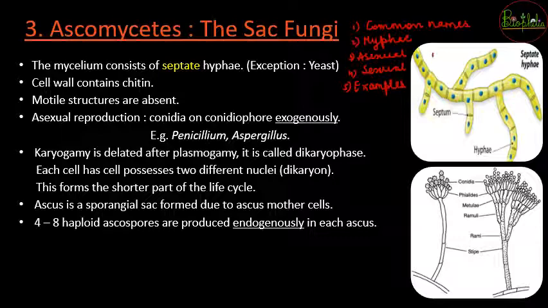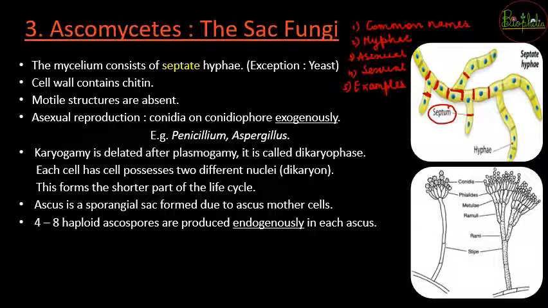Septate means there are going to be cell walls that separate, and those walls are called septum. These septa are going to separate and place the nucleus in fixed positions. Because of the growth of these septa, you call that particular hypha a septate hypha.